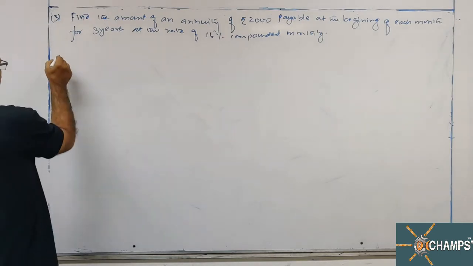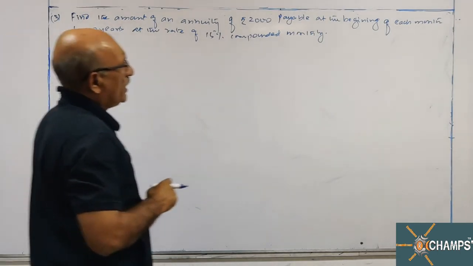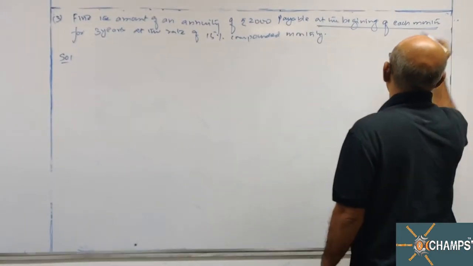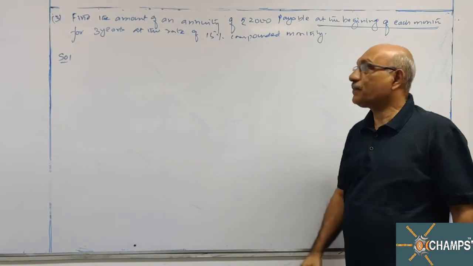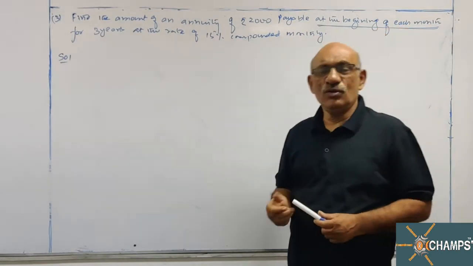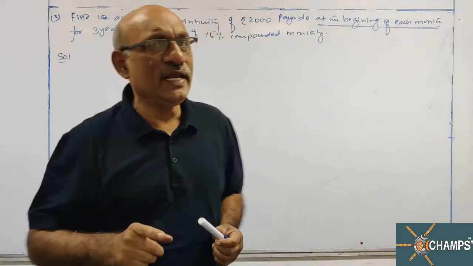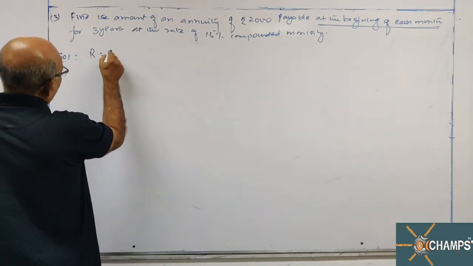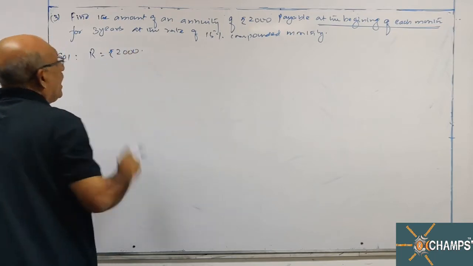Now look at the solution. Once again, you have to concentrate here: at the beginning of each month. How are you depositing? 2000 rupees you are depositing in a bank at the beginning of each month. So the size of your payment R is equal to rupees 2000.